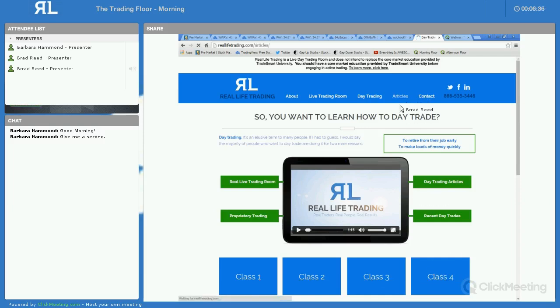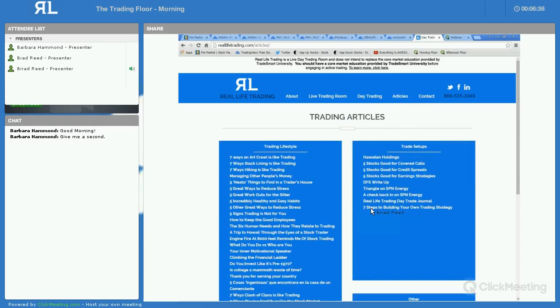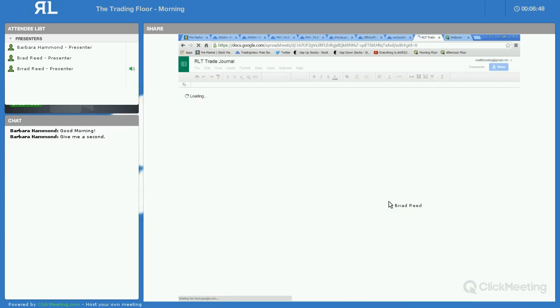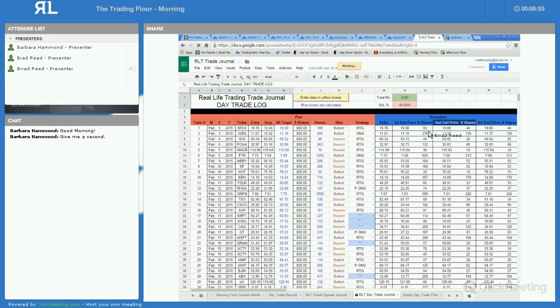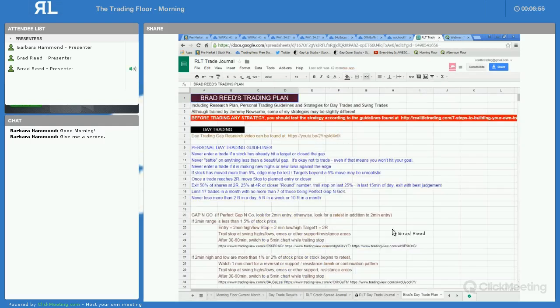If you come over here, click on articles, I'm going to talk about this article in just a little bit, 7 steps to building your own strategy. To get to it, click on articles, come down below trade setups, there it is. One more neat thing I want to show you: if you click on Trade Journal and then click this tab down here, it says Brad's Day Trade Plan.